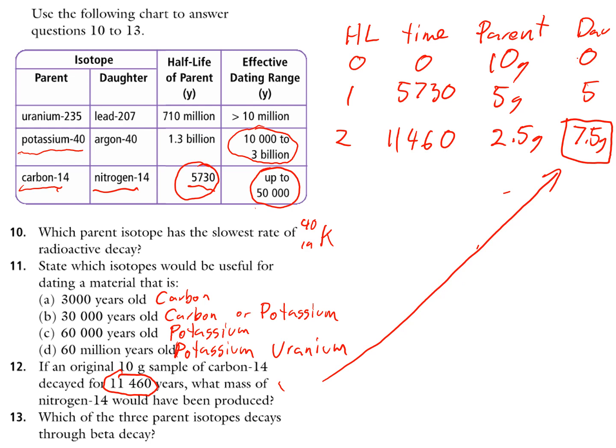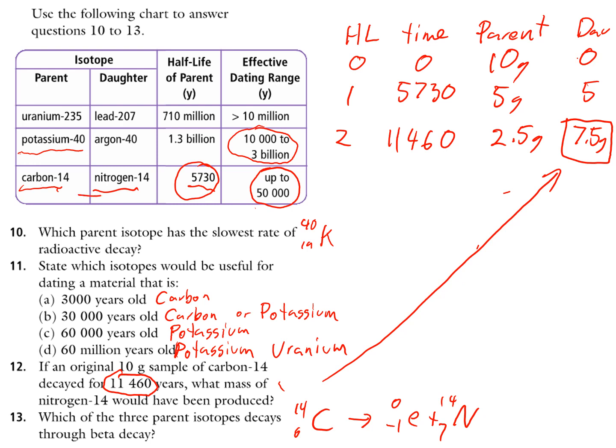The next question says, which of the 3 parent isotopes decays through beta decay? So beta decay is going to be changing, for example, carbon-14, which is 6, 0, -1, that's beta. This is a beta particle. And so that's going to turn into nitrogen.